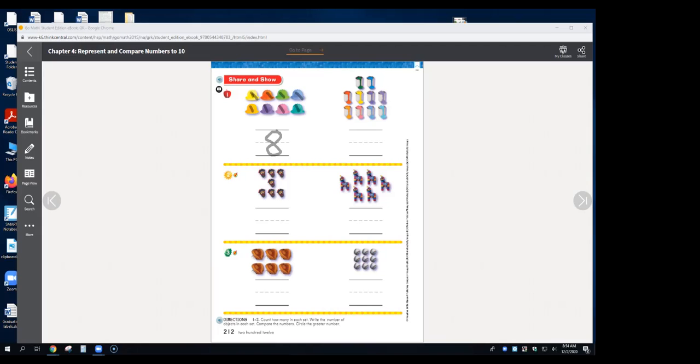How many buckets of paint do we have? Let's count. 1, 2, 3, 4, 5, 7, 8, 9, and what's the last one? 10.